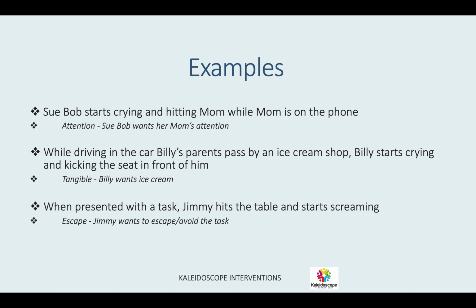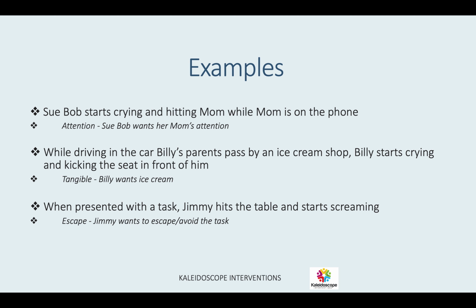All right, let's look at another one. While driving in the car, Billy's parents pass by an ice cream shop. Billy starts crying and kicking the seat in front of him. What do you think the function of Billy's crying behavior is?